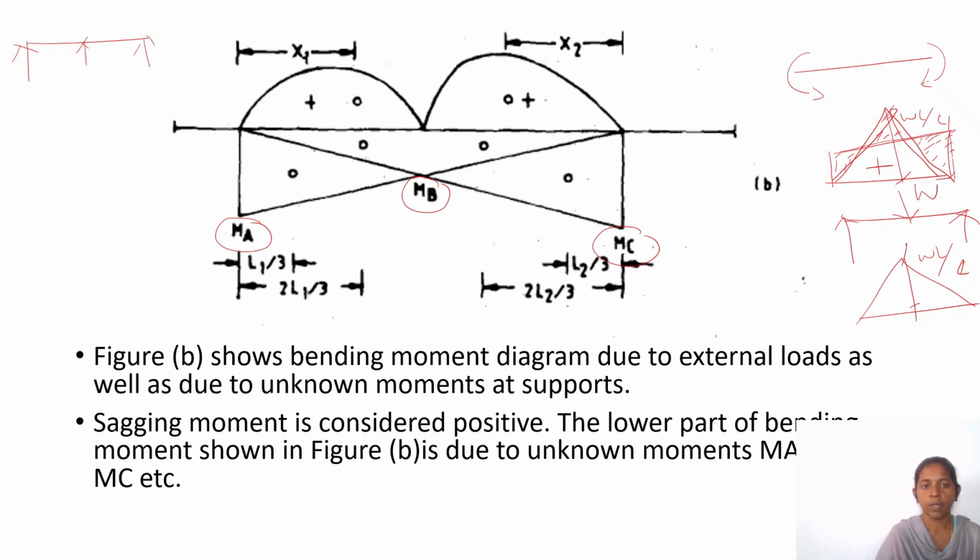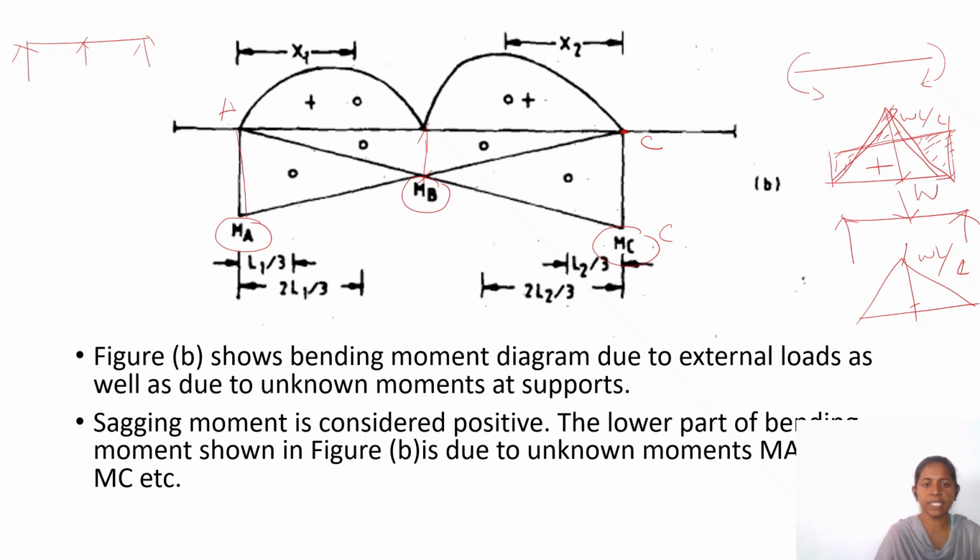So considering MA, it is extended up to this joint C, and MC is extended from A to C. When it is overlapped, here we can have some moment MB. So this is MB, MA and MC. We assumed this type of bending moment diagram for our formulation of the equation.